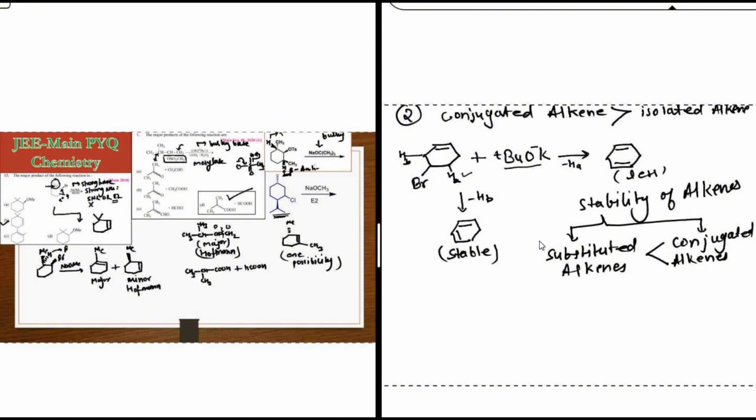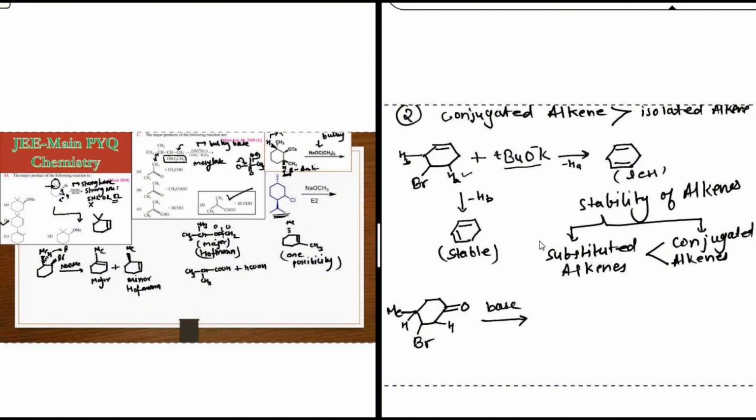Okay, now let's look at another example where we have to talk about how conjugated alkenes are more stable than substituted alkenes. So let's say you have this example and you are using a base. Now there are two beta hydrogens, one is this one, another is this one.